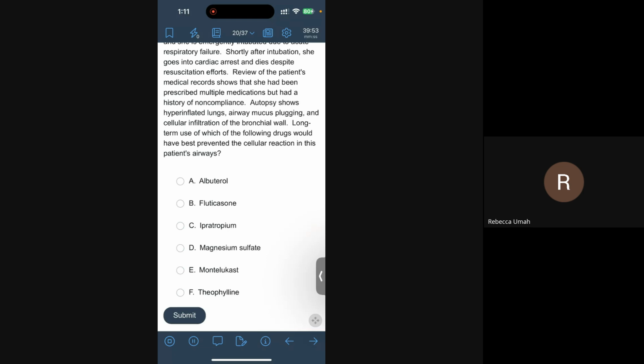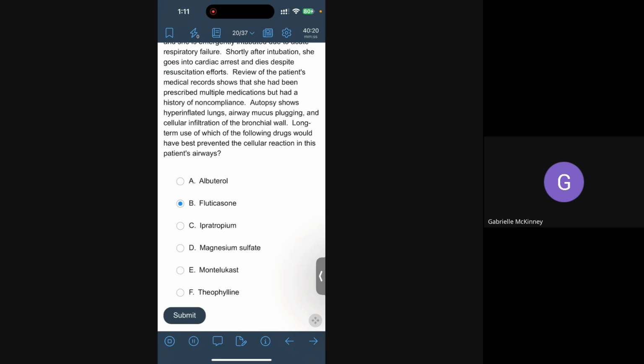Which one should be the answer? Fluticasone. Steroids are the ones which act as long-acting.